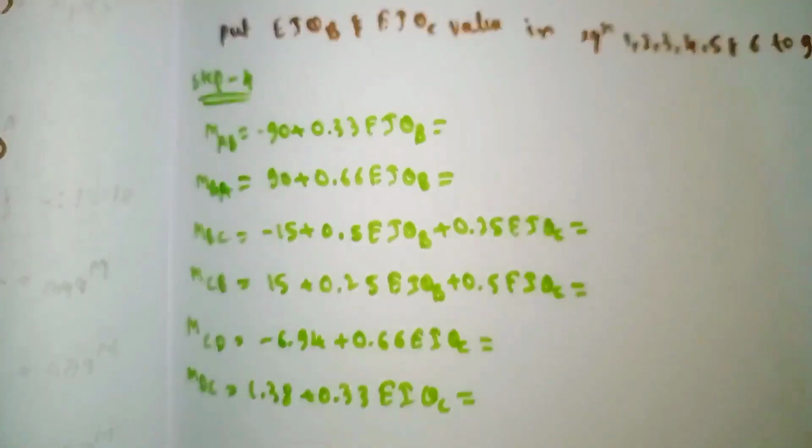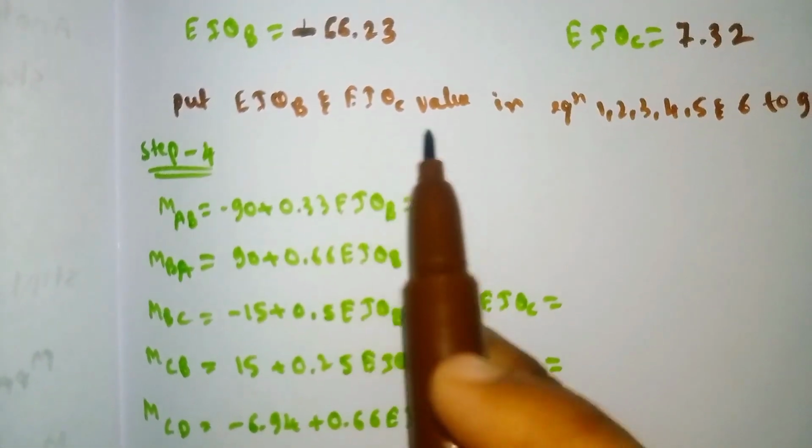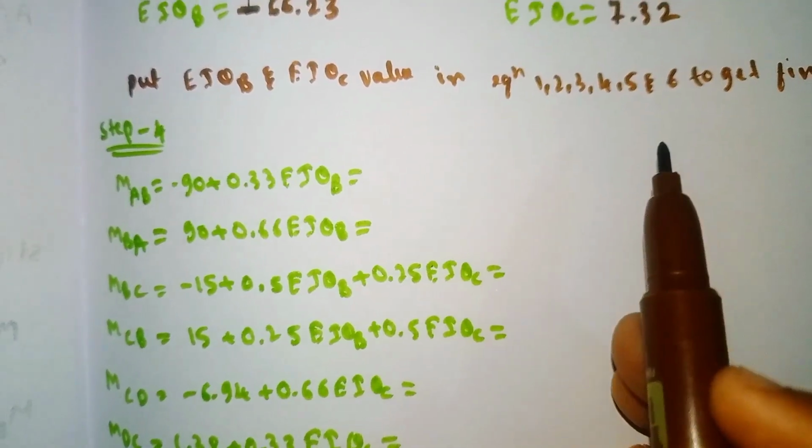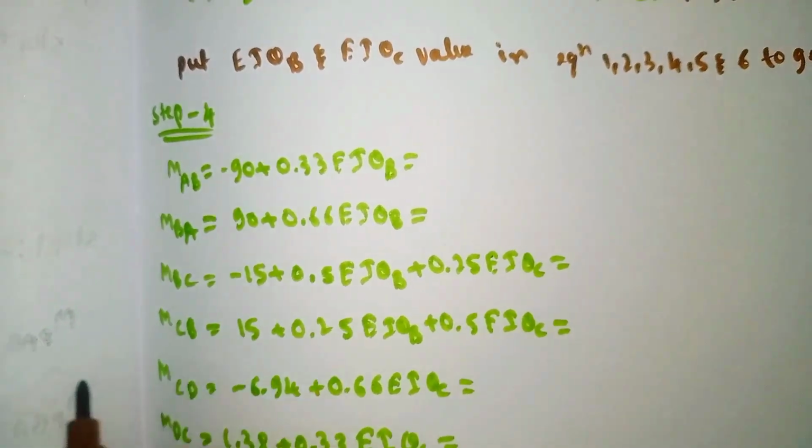For that we need to substitute the EI theta B and EI theta C values in equations 1, 2, 3, 4, 5, 6 to get the final moments. I have written all the equations here.